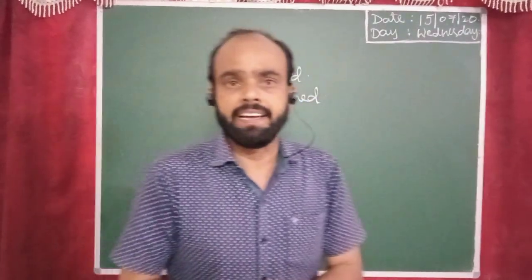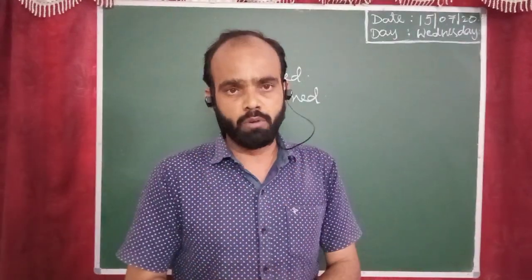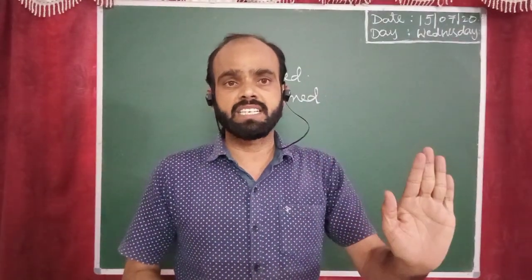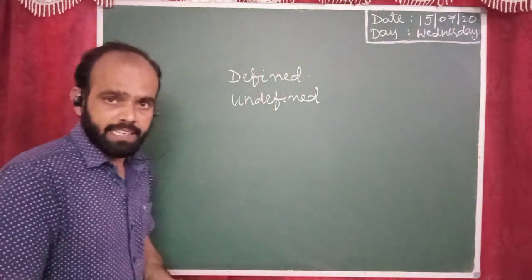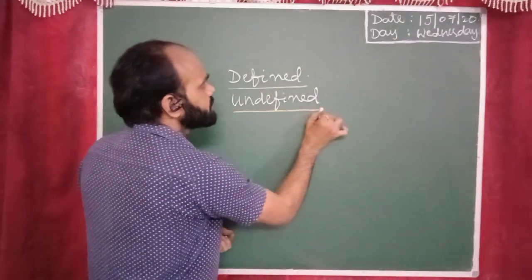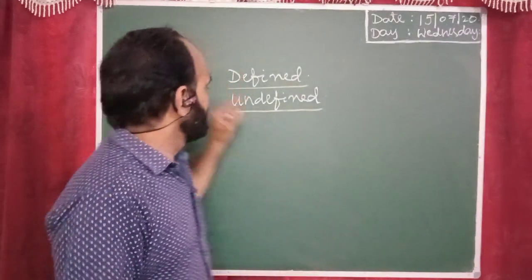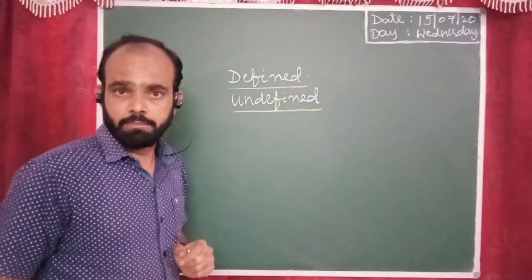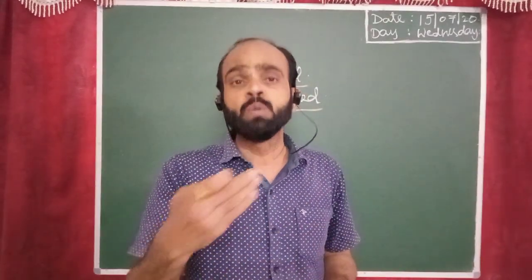Undefined, we cannot define. That means we cannot give a general statement about that, a general instruction or a general comment. Now when it comes to mathematics, we have, as usual, defined terms and undefined terms also. Let us start with the undefined terms, which cannot be defined, which are not existing universally.